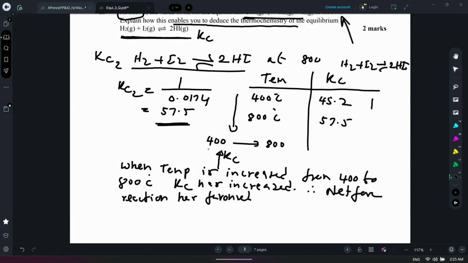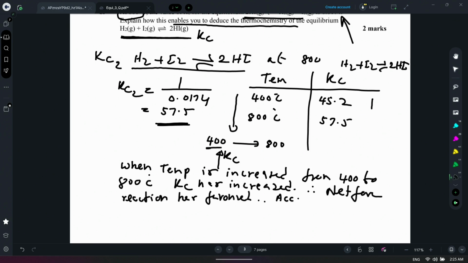All right, forgot to switch the camera here. So when temperature increases from 400 to 800, net forward reaction has favored. Okay, let me say that again. When temperature increases from 400 to 800, Kc has increased. Therefore, net forward reaction has favored.